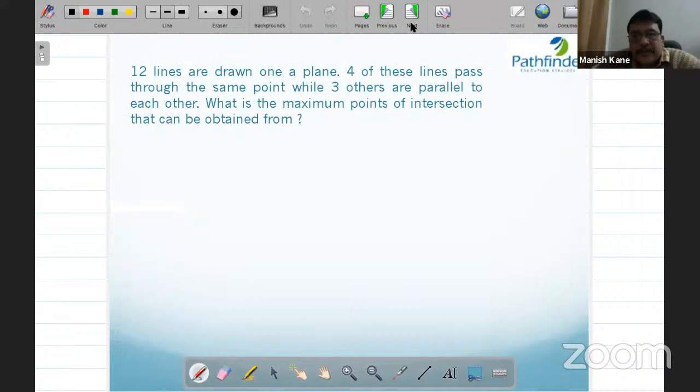Try solving this next question. Please solve the next question. I'm giving you 2 minutes.